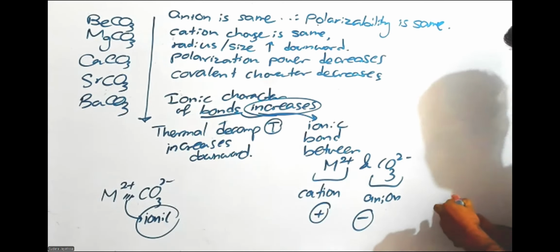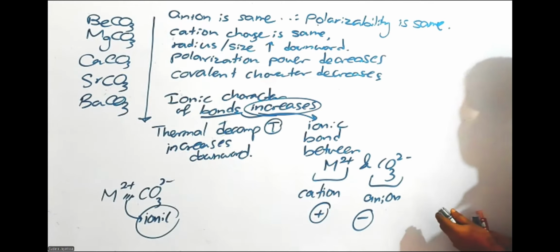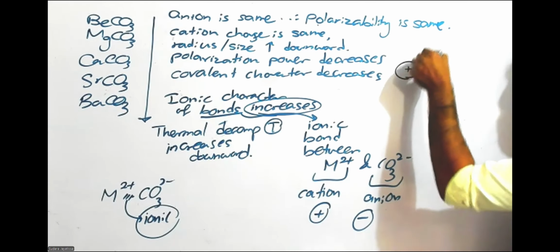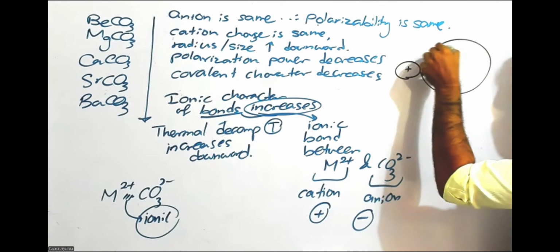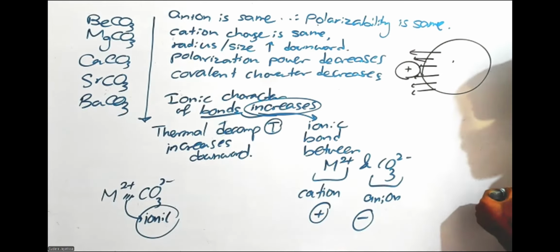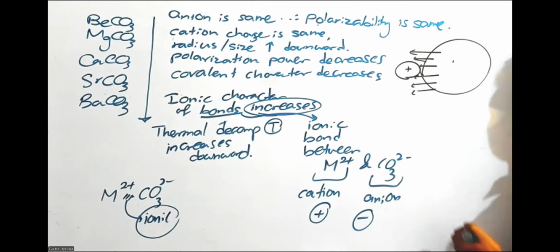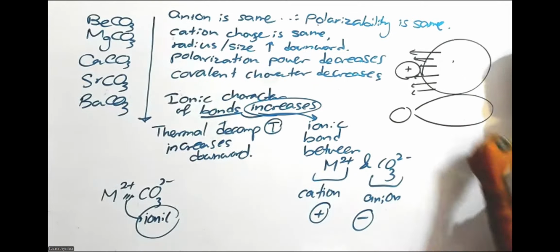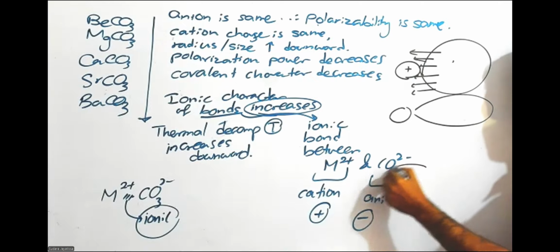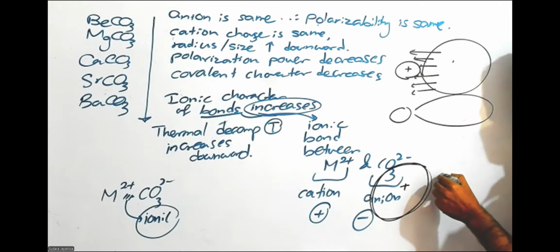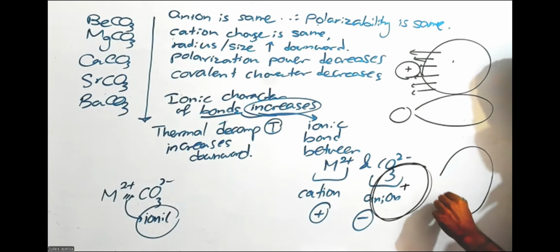So what is this polarizing power? Let me explain that also. When you have a very small cation, it is very likely to attract the electron cloud of this anion, so covalent nature will be higher. Finally it can convert this into something like this. But if the cation is larger, it is very difficult to polarize.